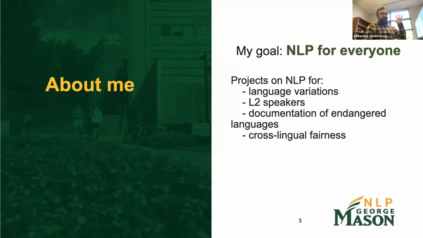So yeah, about me, as Emily said in the introduction, I'm an assistant professor at George Mason University. I work in NLP in general, and my goal is to build NLP that works for everyone.